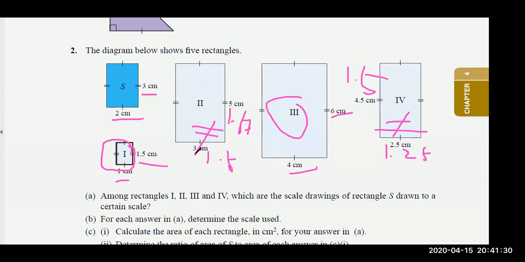So for each answer in A, determine the scale used. Okay. The answers for A are the 1st and the 3rd. Scale drawing of rectangle S. So this question means that S is the object, right?